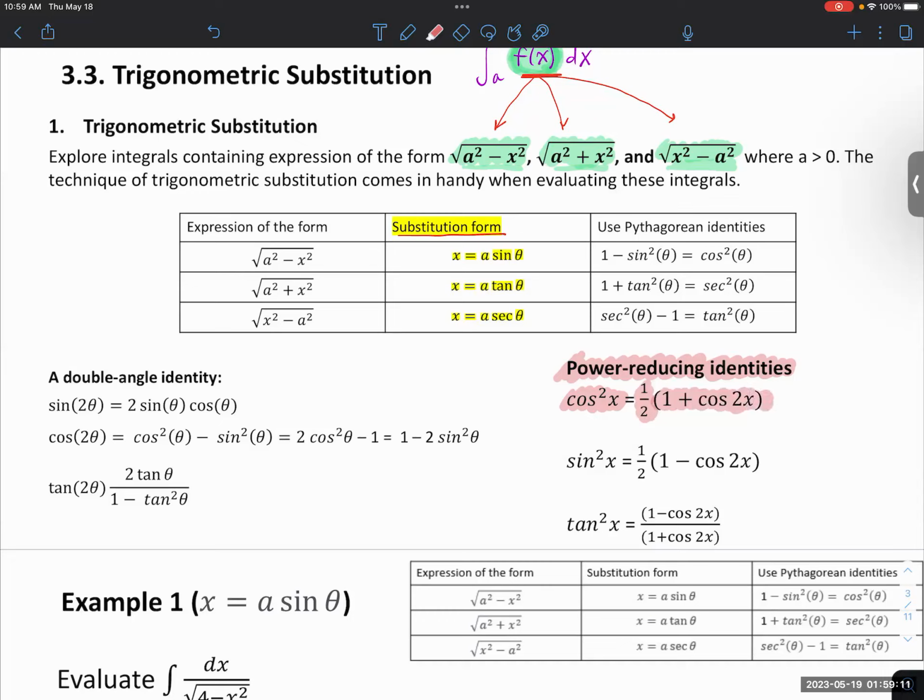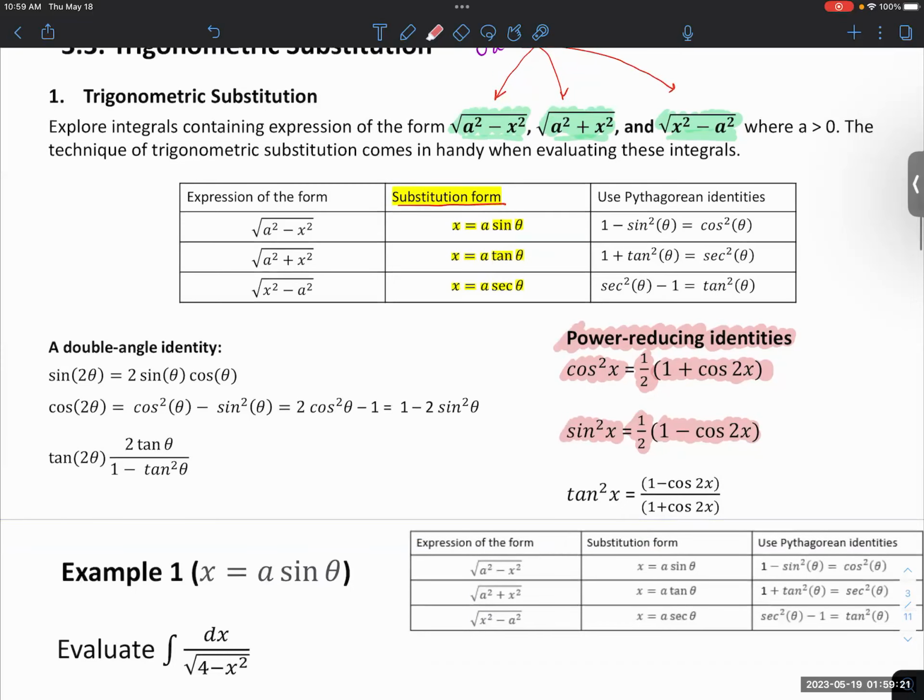So there's no more squared power. Likewise, sine squared x equals 1/2 times (1 minus cosine 2x). One more thing I want to add here: tangent squared x is the same as (1 minus cosine 2x) over (1 plus cosine 2x). Just keep in mind, those identities will be used a lot, okay?